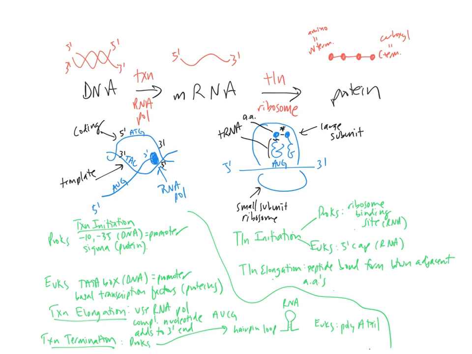Then let's talk about translation termination. It's tempting to think that this is just the stop codon, but it's more than that. So translation termination is when a stop codon is unveiled in the A site. This would not be the case here because we see a transfer RNA. Instead, for translation termination, a release factor, which is a protein that corresponds to a stop codon, goes into the A site of the ribosome.